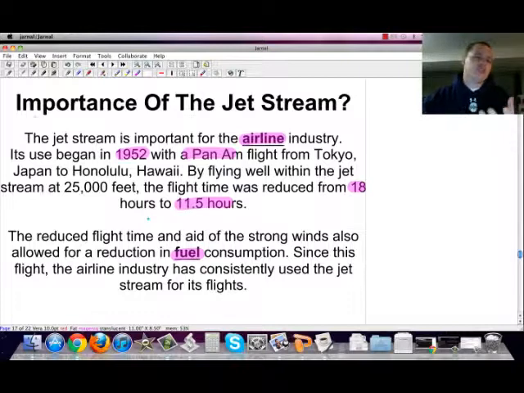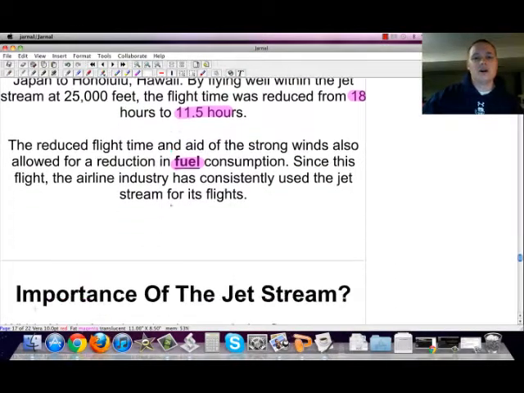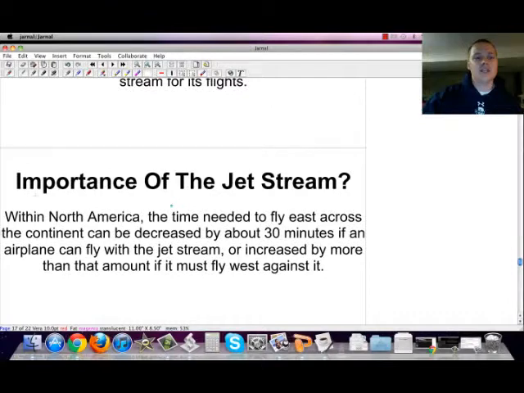I don't know if that would necessarily mean they would reduce your plane ticket price, but nonetheless, it reduces the amount of jet fuel needed. Within North America, as an example, the time needed to fly across the continent can be decreased by about 30 minutes if an airplane flies with the jet stream. So I'll give you an example.